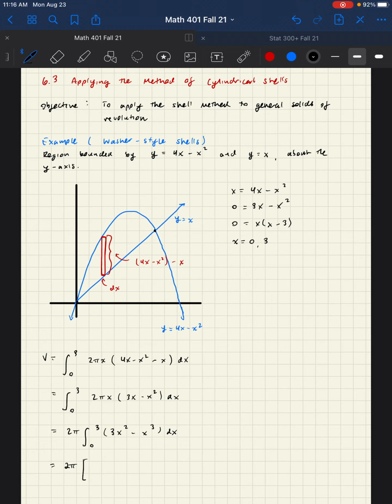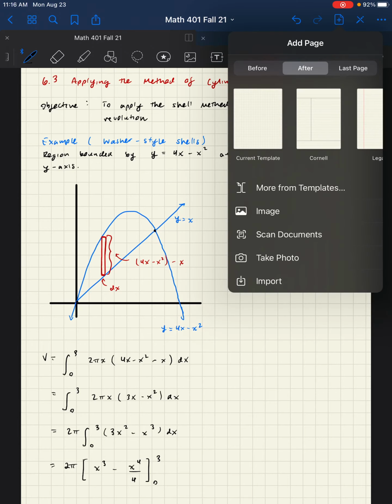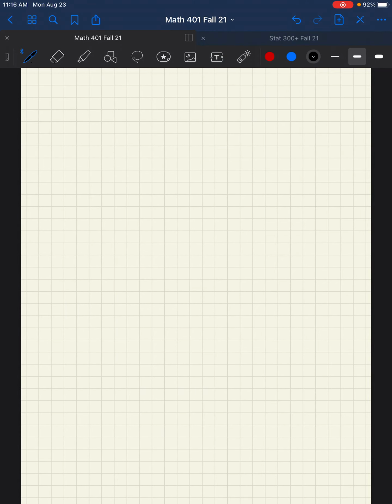And now we integrate. 3x squared is going to have an antiderivative of x cubed. And then x cubed becomes x to the 4th over 4. And it's going to be from 0 to 3.